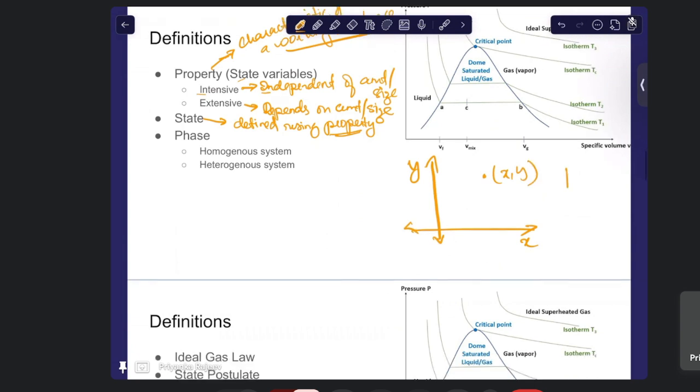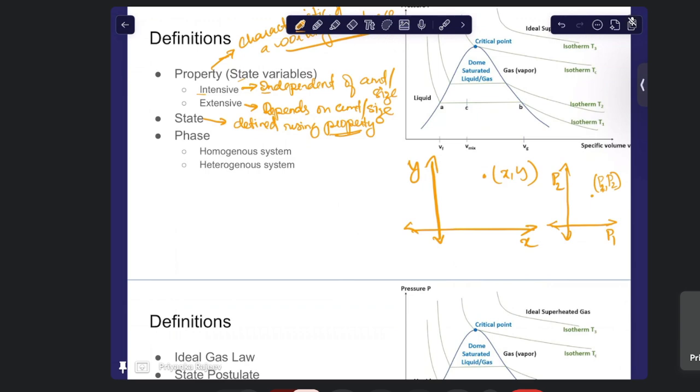Likewise, if we have two properties on these axes, like property 1 and property 2, then if you define these two properties, you will get the state of that matter. So that is why it is called a state variable. This is sort of acting like a coordinate to define state.